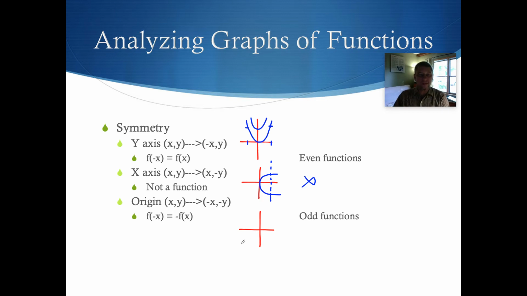Finally, a function that is symmetrical through the origin looks something like this. It's the same on either side. In this scenario, you've got the idea that f of negative x is equal to the opposite of f of x.